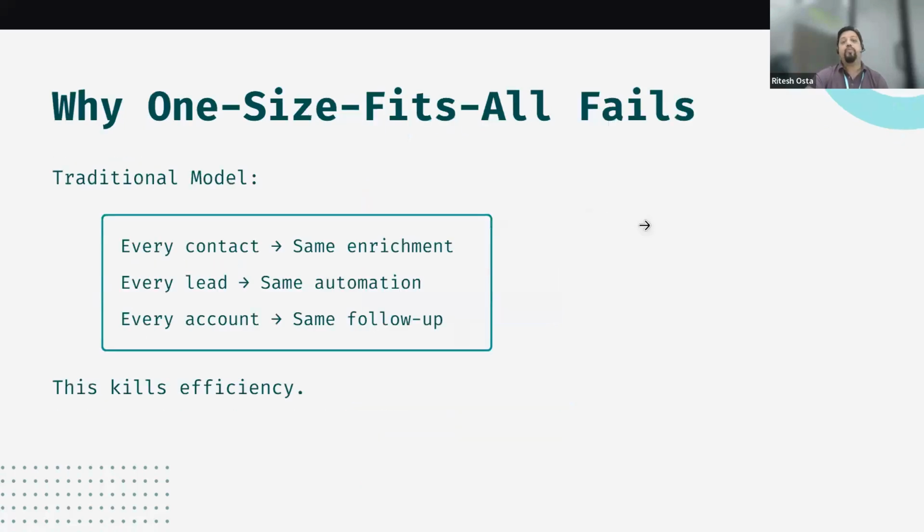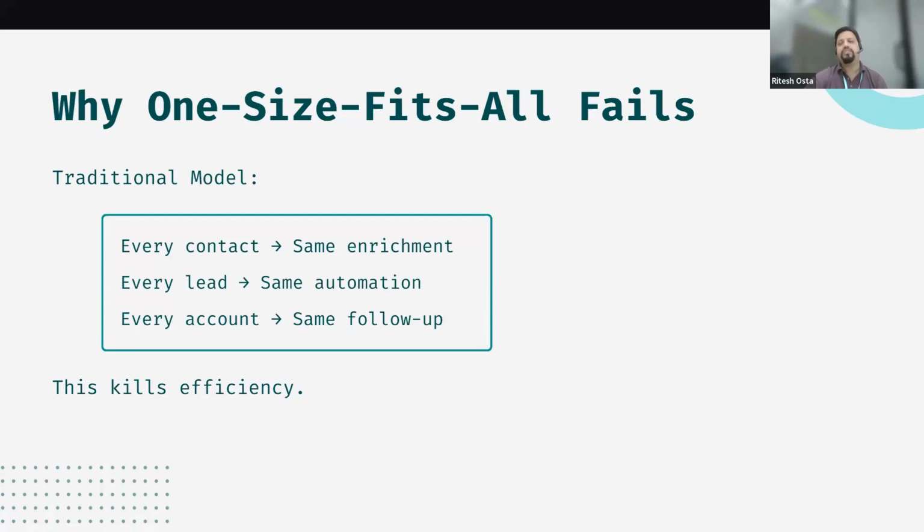So next up, why one size fits all fails. The traditional model, what I've seen in many enterprises even now, is that they are enriching every contact that comes up, every lead that comes up goes through the same workflow, the same automation, every account gets the same follow-up. This is what I have seen.